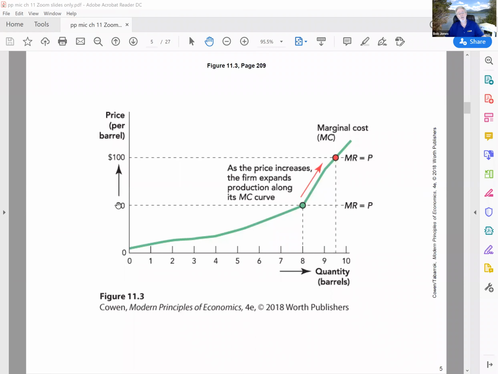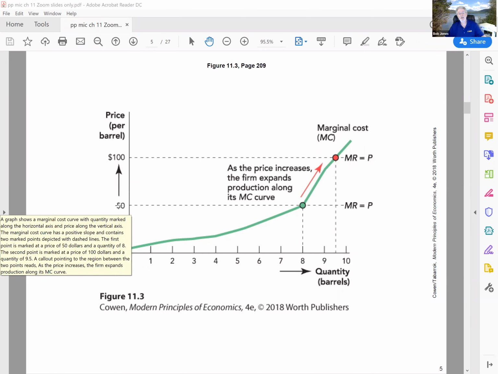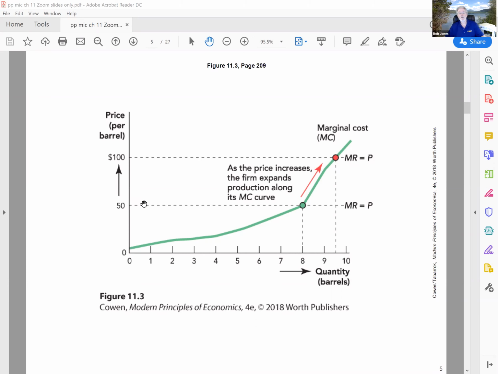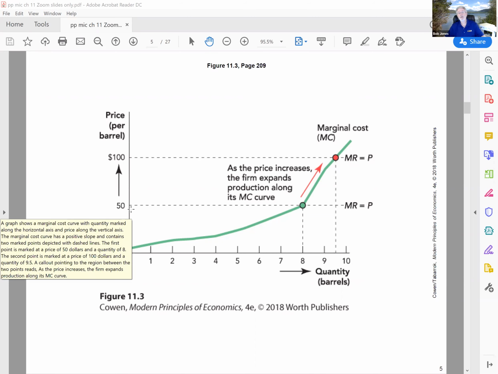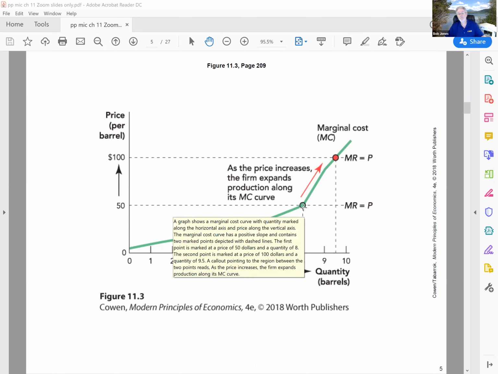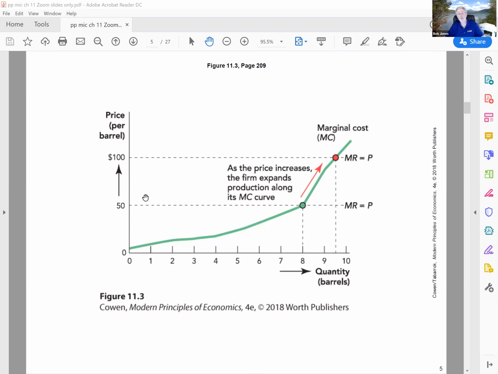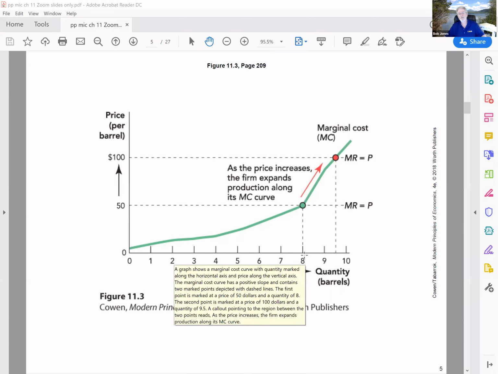You would just say, well, if the market price is 50, then this firm faces a demand curve that is horizontal at $50, and its marginal revenue curve will also be horizontal at $50. It's going to produce where MR equals MC, which is going to be right here. So if the market price is 50, this firm will choose to produce 8 units. That's what we saw in the previous graph.